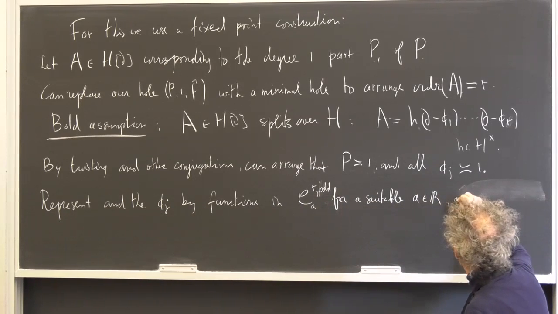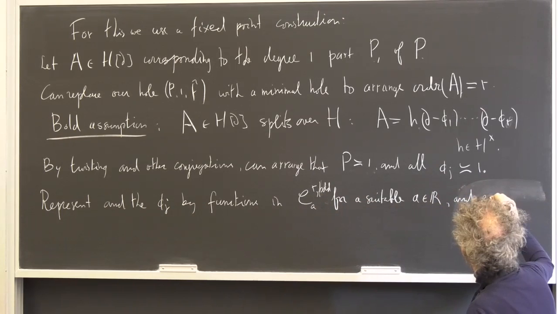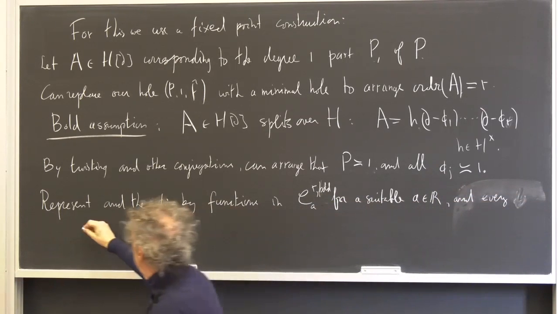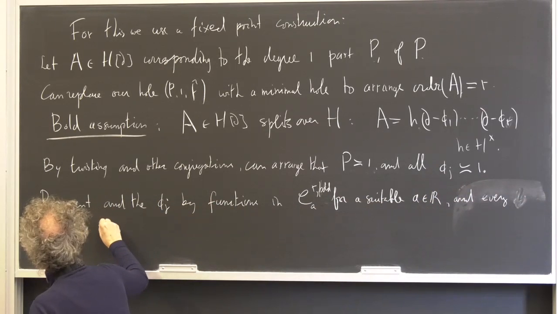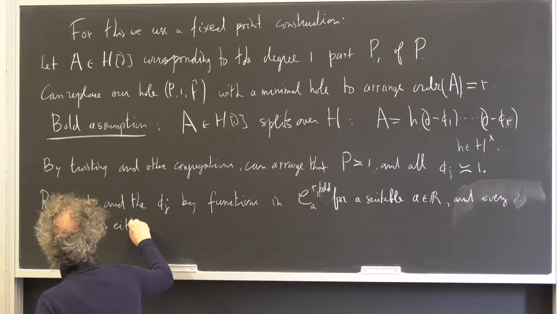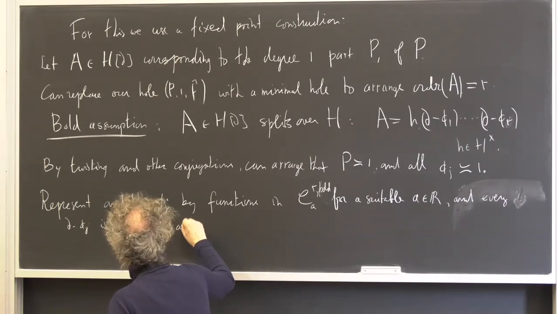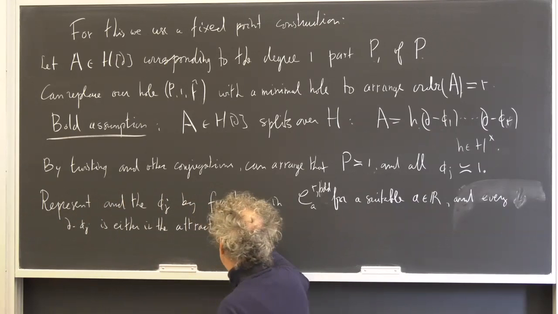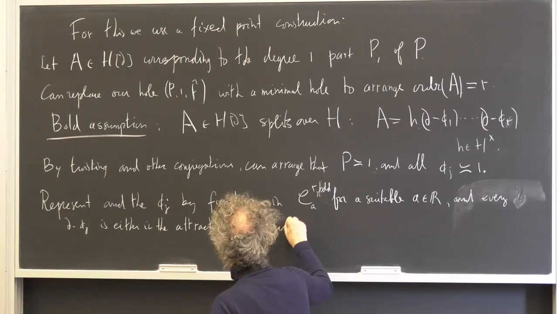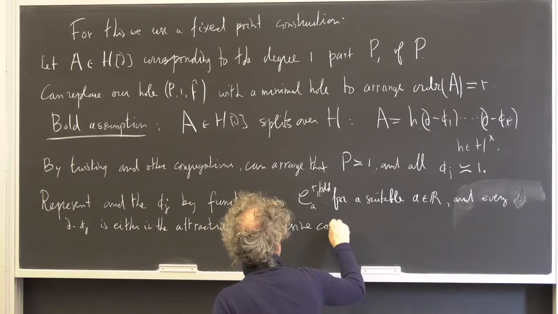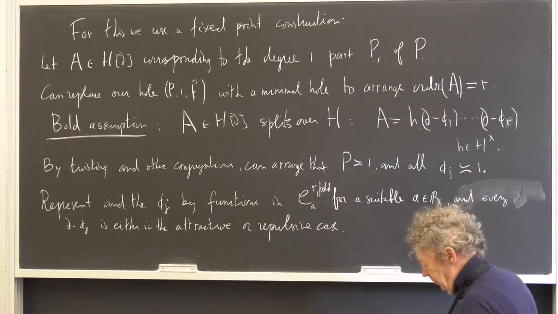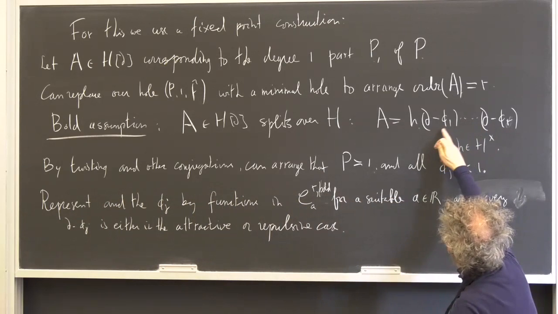So every factor delta minus Vj is either in the attractive or repulsive case, which I explained last time. And that was what made it possible to come up with a well-behaved, that means continuous, right inverse to this operator.